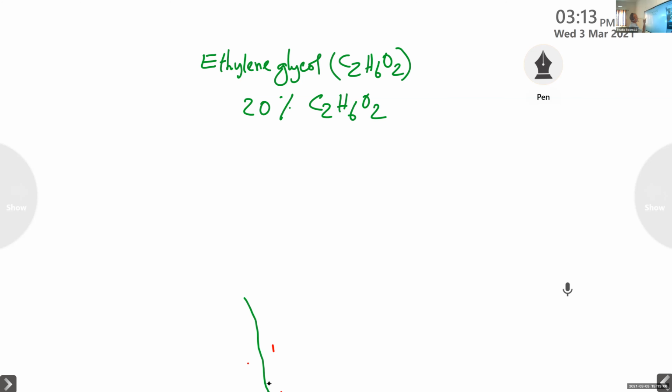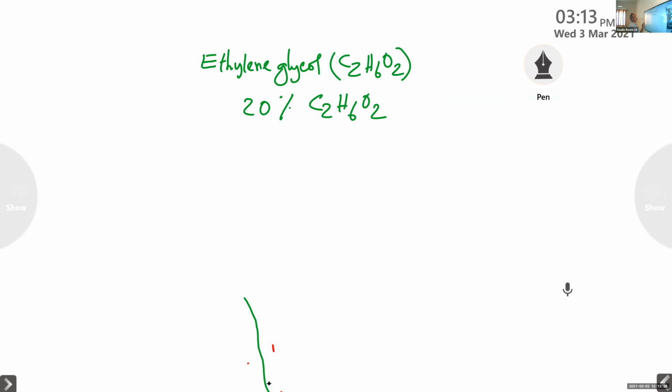If simply a problem like this is given, only the percentage of the solute ethylene glycol is given and nothing else is mentioned, the solvent is not mentioned, then you take water as the solvent. Now let us find out the mole fractions of ethylene glycol and water in this.